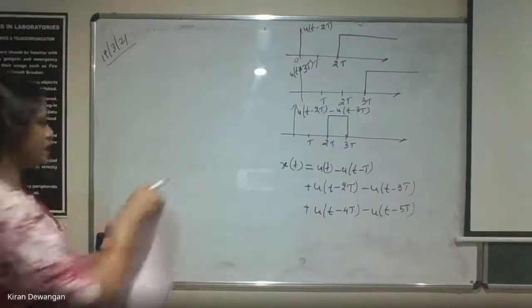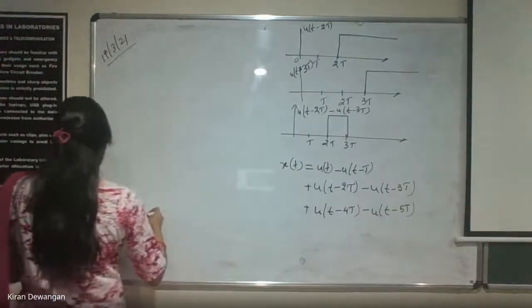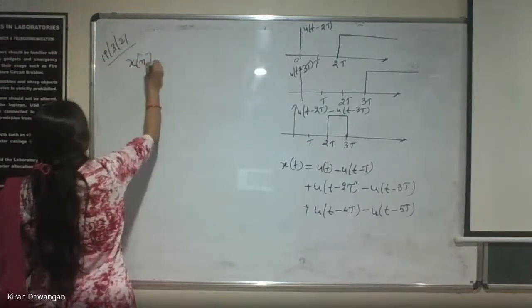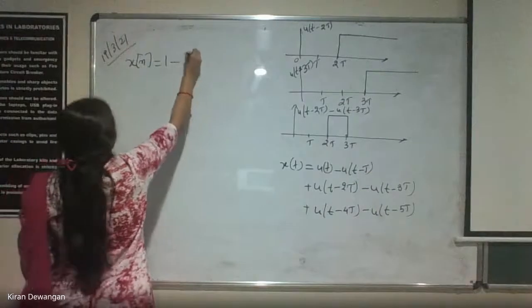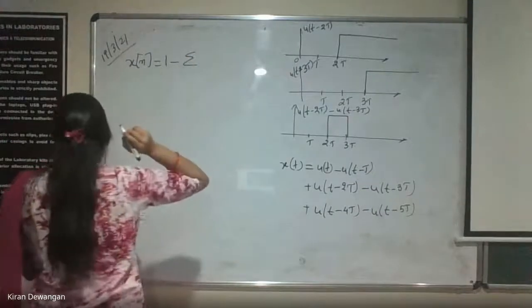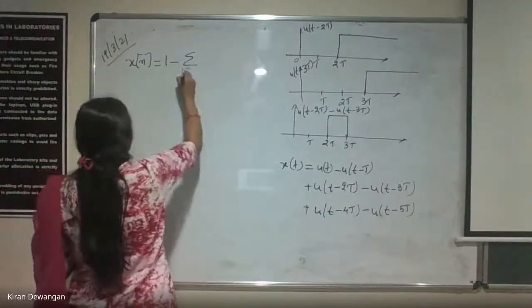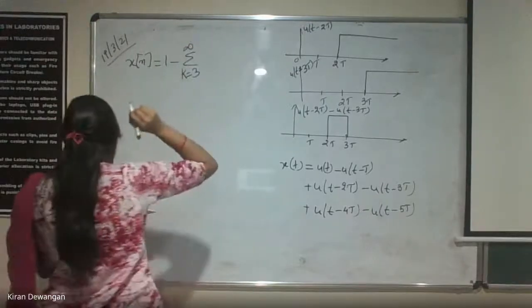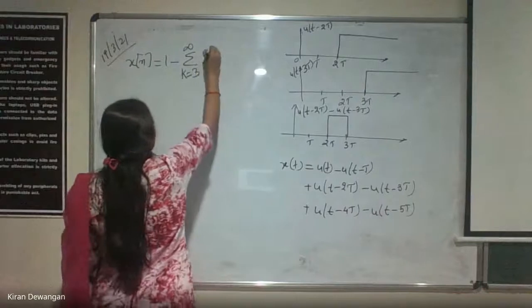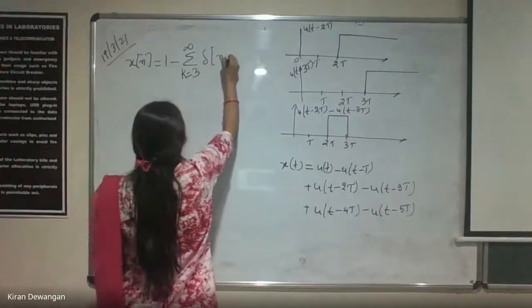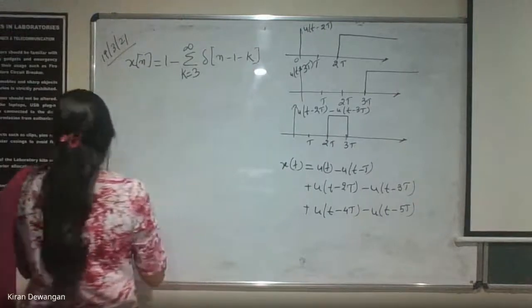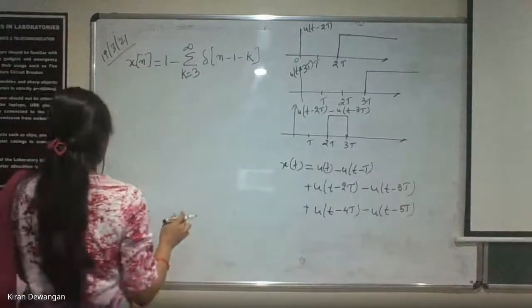Now let us do another question. Let us consider a discrete time sequence x of n equals 1 minus the summation, k from 3 to infinity, of delta of n minus 1 minus k.